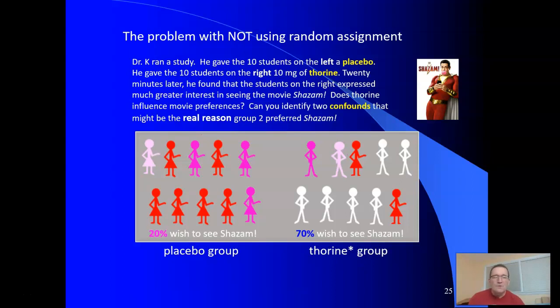And it's not news to any of you, I think, that on average, men like comic book movies or action movies or movies that involve violence at a higher rate than women and girls do. And so that's another confound. So we can't say that thorium has the evil intended effect of making people go see movies. It just doesn't, certain kinds of movies. The data just don't tell us that at all because the study is flawed.